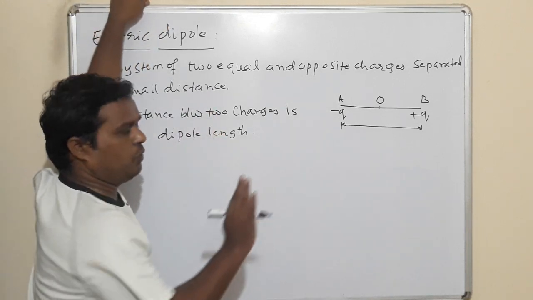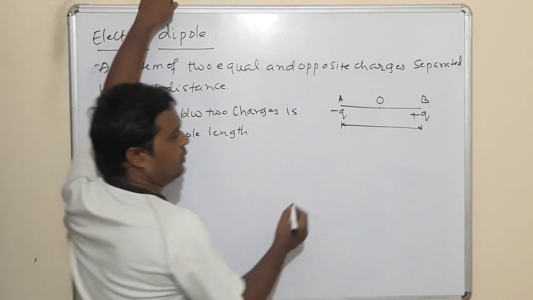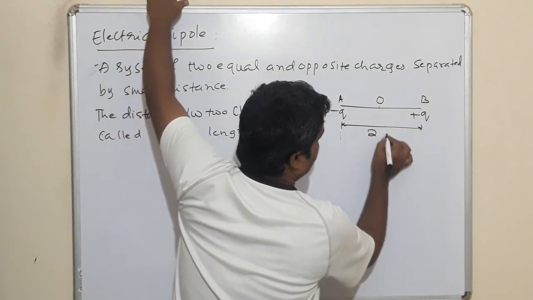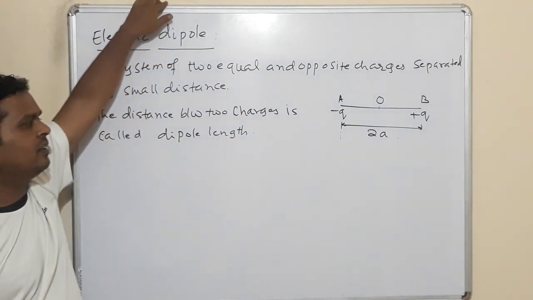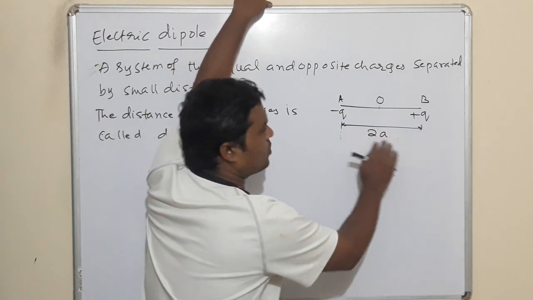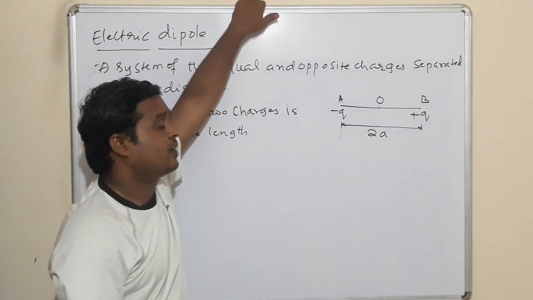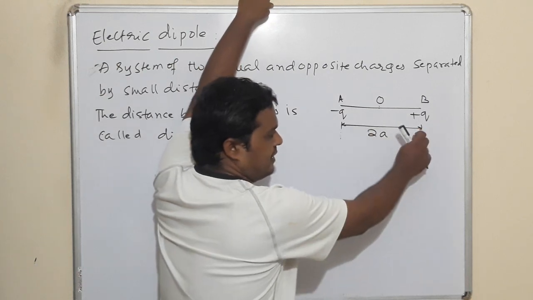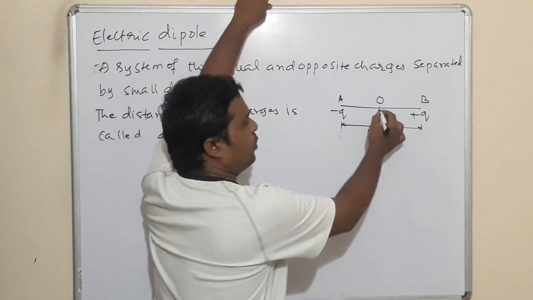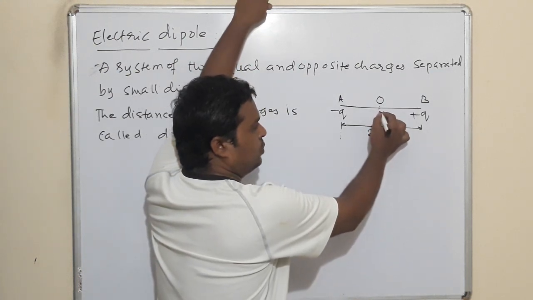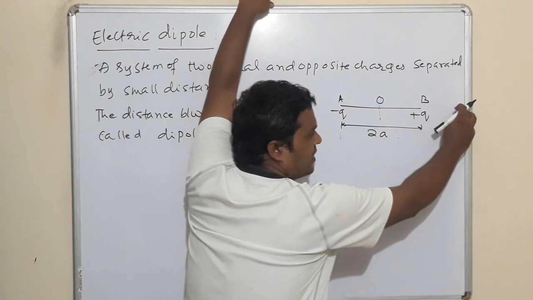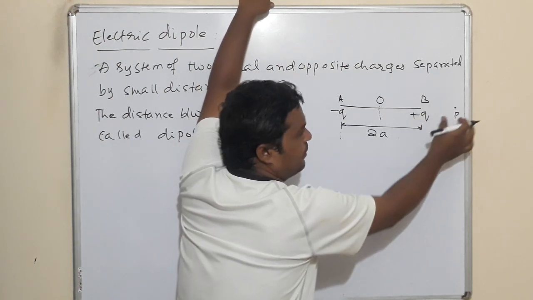For that reason, we'll take this distance as 2a. I could take this as just a, just x, or just l also, but I am taking it as 2a, because in most situations we will measure distances from the midpoint. Suppose I take a point here and want to measure its distance from the midpoint.